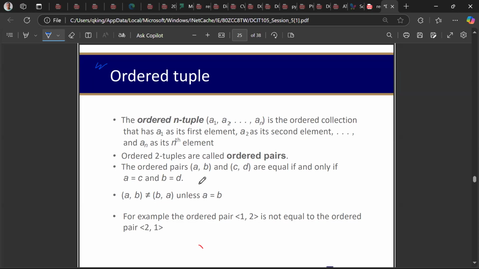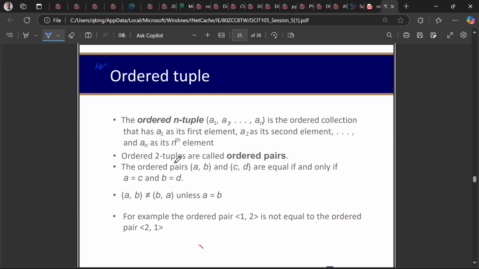For example, let's look at a 3-tuple. A 3-tuple would be (a, b, c), with elements a, b, and then c. And one thing you must know is that the order in an ordered tuple is very important.